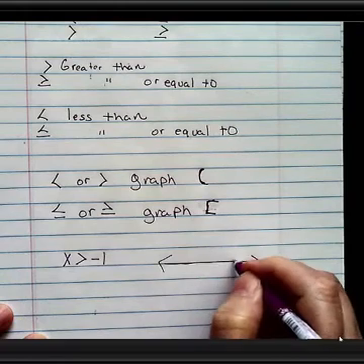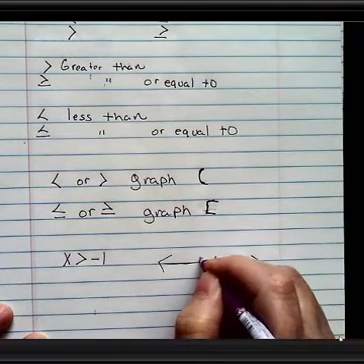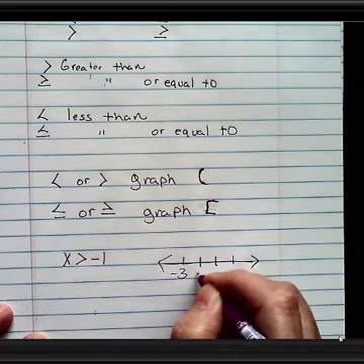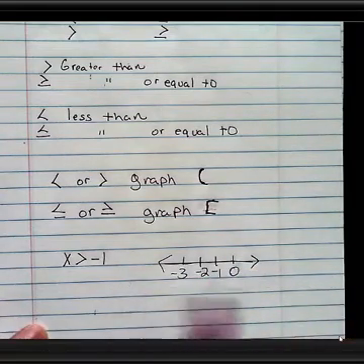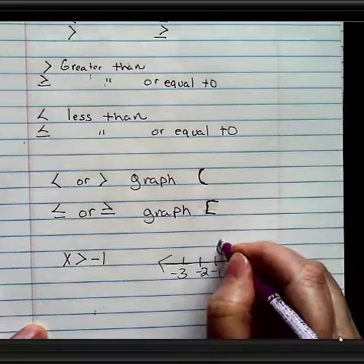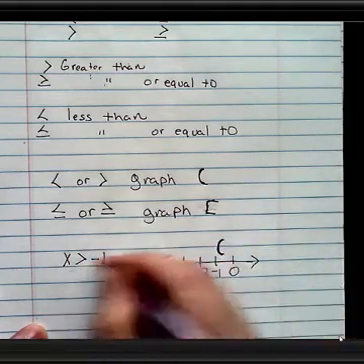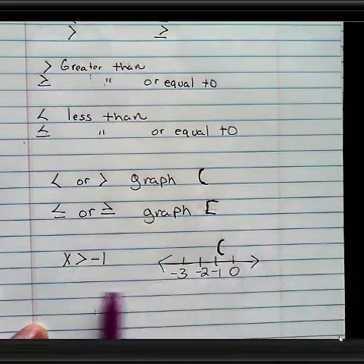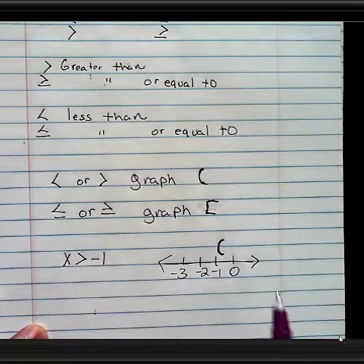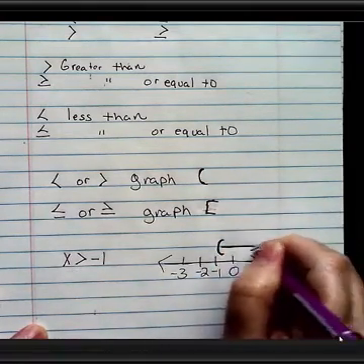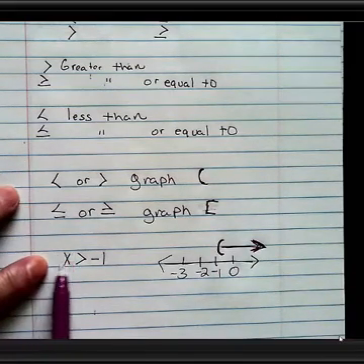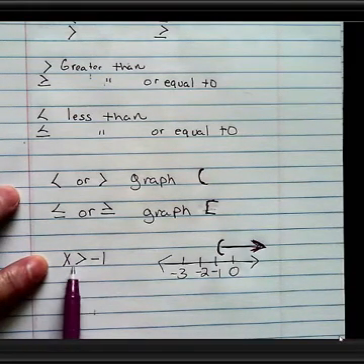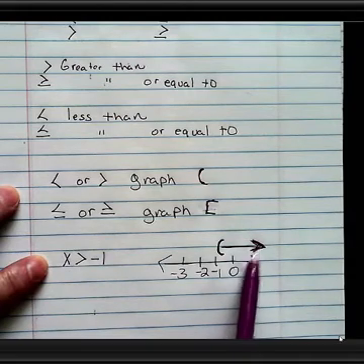I'm going to have -3, -2, -1, 0. So I would put a parentheses above the -1. And what is everything bigger than -1? It goes this direction.